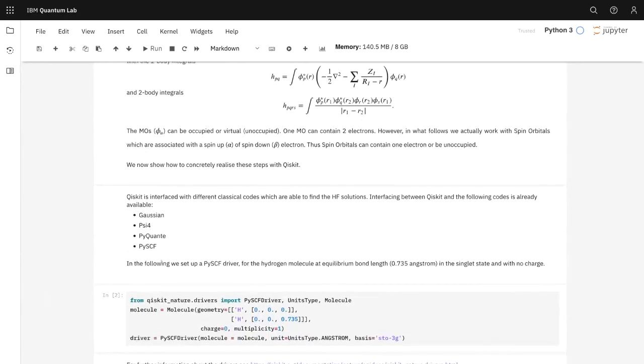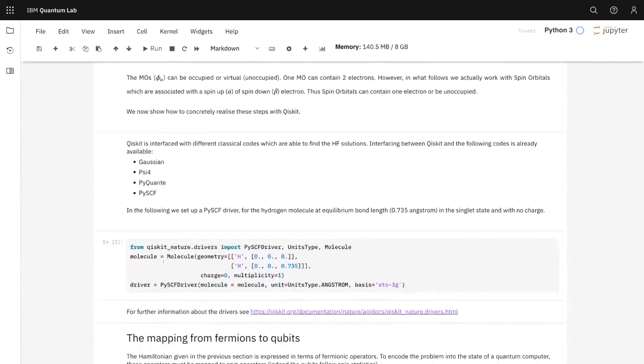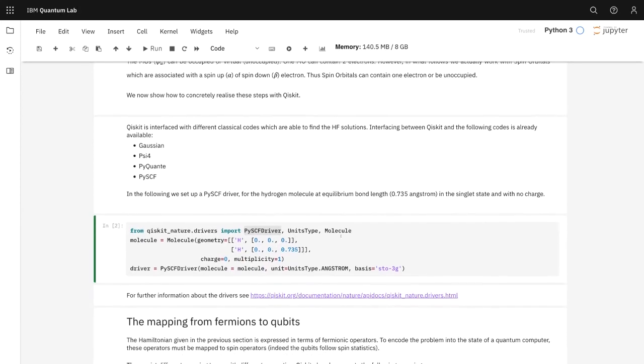And we start with the example of the hydrogen molecule, H2. Here we import these packages, the PySCF driver that basically allows you to run PySCF from your script, and some other necessary modules. So first you set up the molecule with the parameters. Here you set the geometry.